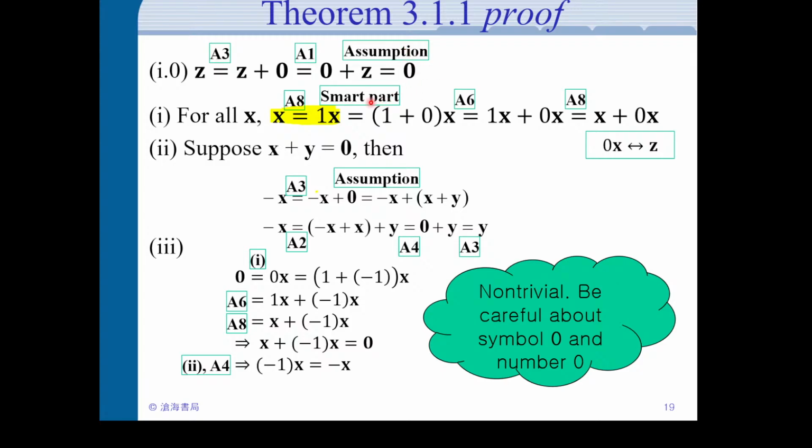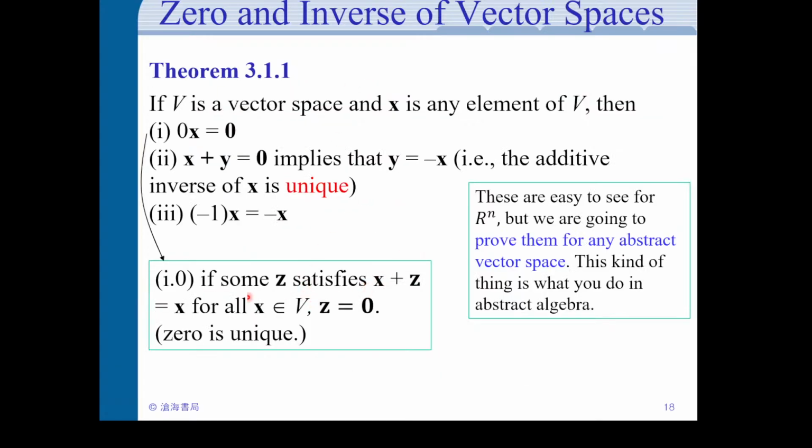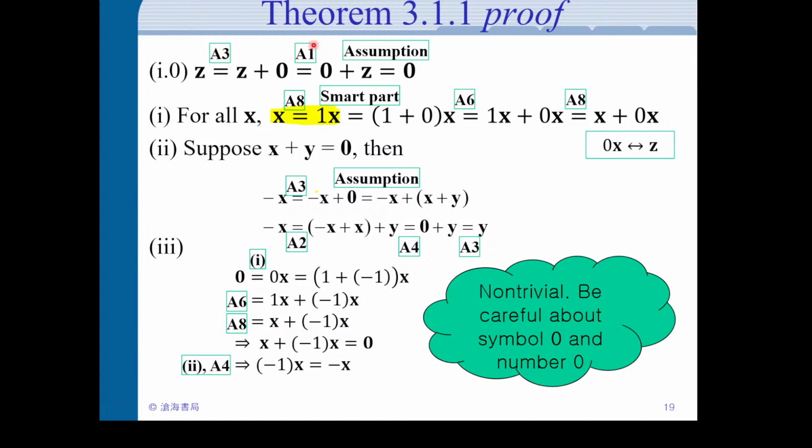So this is a proof that 0 is unique, because anything that satisfies the property of being a 0 is equal to the 0 that's given, equal to any other 0 basically. And also here we see that A1 is important.